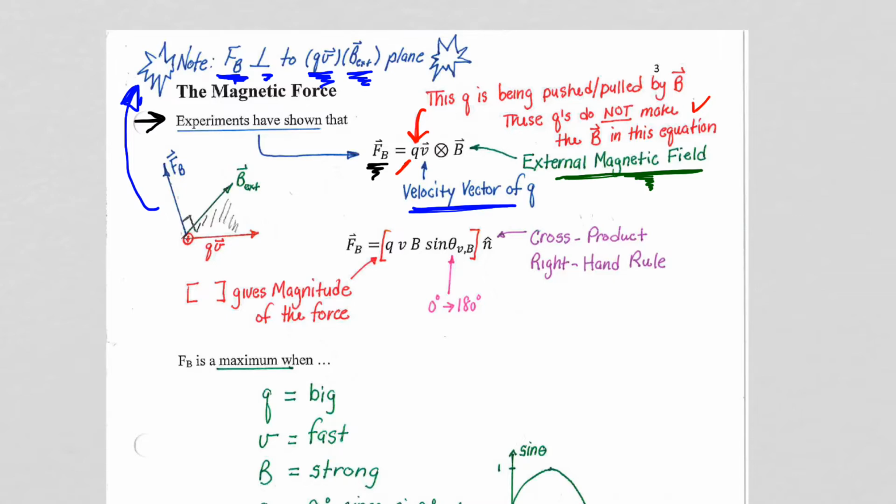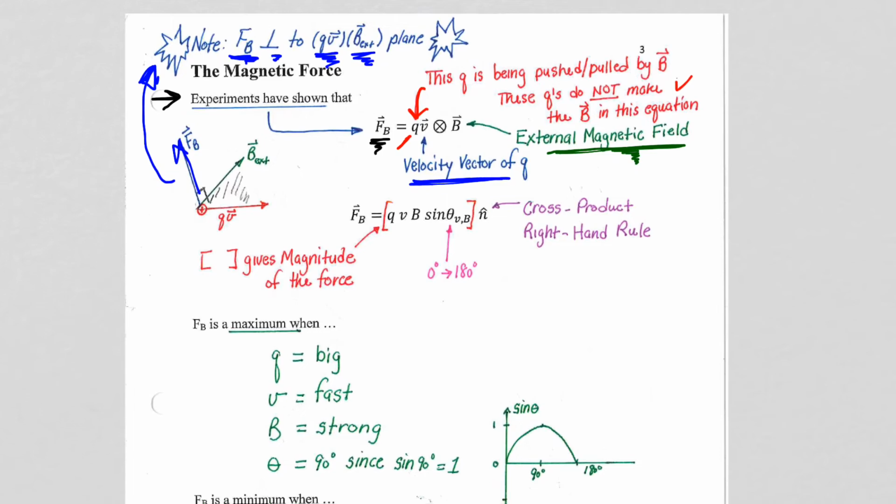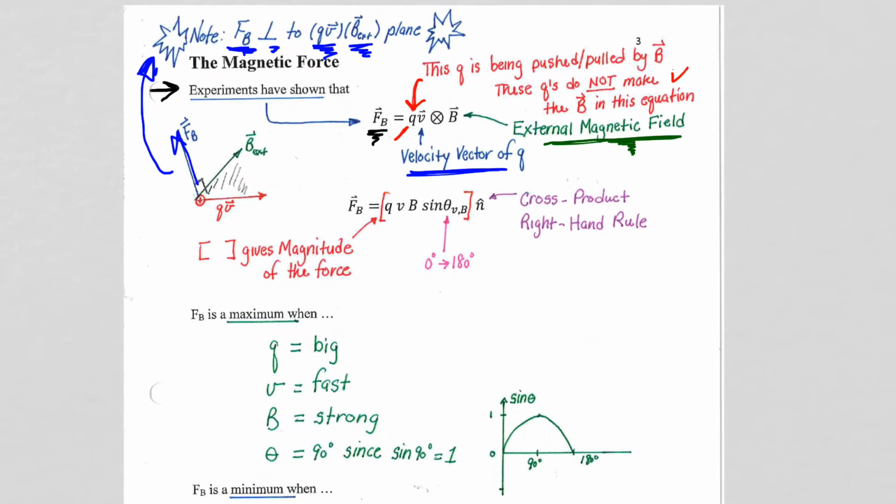So when we did QV cross B, our thumb points in the FB direction here, and notice it's perpendicular to the plane, so it's perpendicular to the V vector and to the B external vector. We'll see that the magnetic force always being perpendicular to the V vector definitely has consequences for what that force can and can't do, and we'll get to that in a moment.